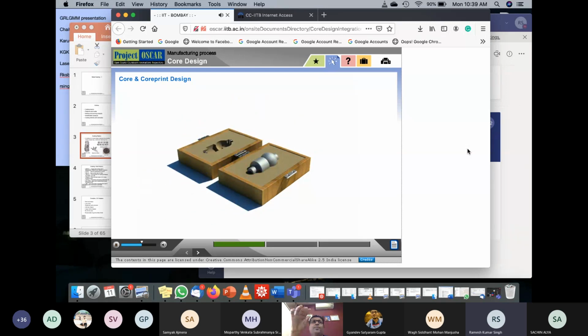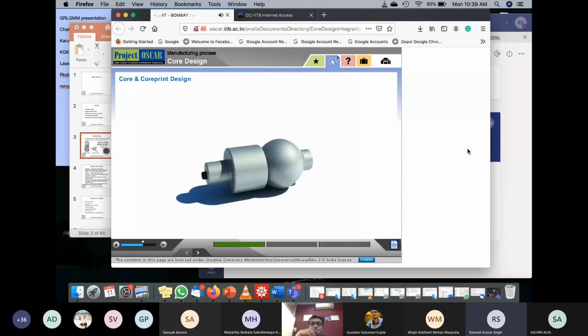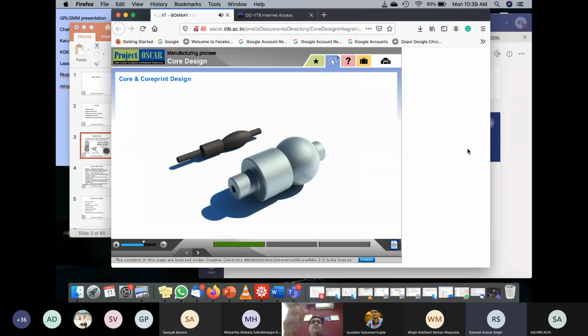Now you have a product with the hollow shape of the core inside. You can break the core, so this core can be broken and you can get this hollow part.